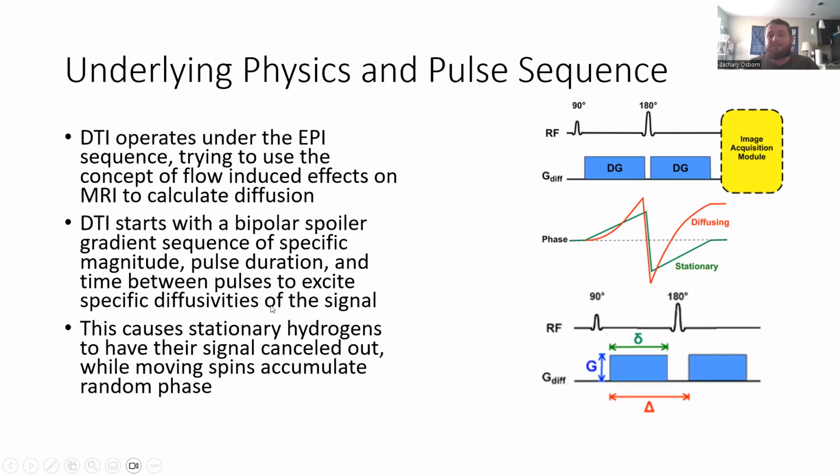DTI starts with a bipolar gradient sequence of a specific magnitude, shown here by G, a specific duration of the gradient, shown by delta, and a specific time between the pulses, known as Delta. These will be important when we go over the equations later, but the idea is that when you apply these two bipolar pulses, the stationary hydrogen molecules inside the tissue, we'll say the brain here, don't accumulate any net phase, but the diffusing ones do because they're constantly moving throughout the system.